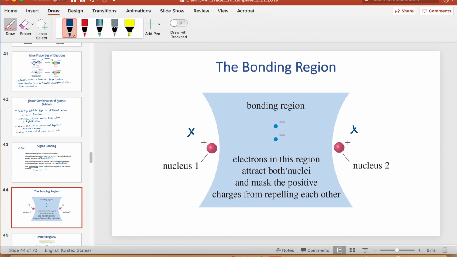Remember that the nuclei in each atom are positive, and if they're too close together, they're going to repel. But the electrons that form the bond are in between those, and so they mask the positive charge, and the nuclei are only really feeling these electrons. That's the idea behind this. So you can imagine that this whole bonding region is what we're talking about with our bond. These electrons are within this region.